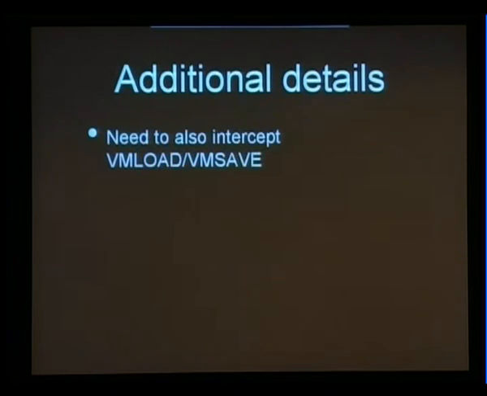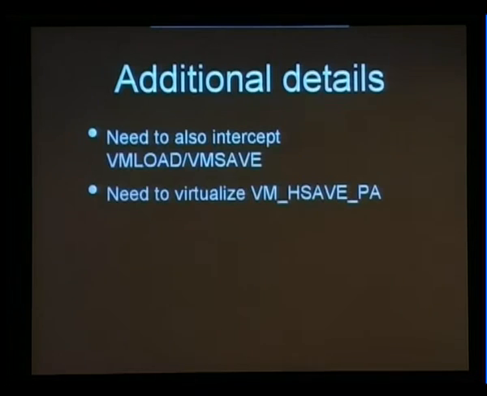VM load and VM save also have to be intercepted, because they address the nested VM control blocks. We have to modify them correctly so that guest will get the valid information. The guest hypervisor will get the real information from them later.